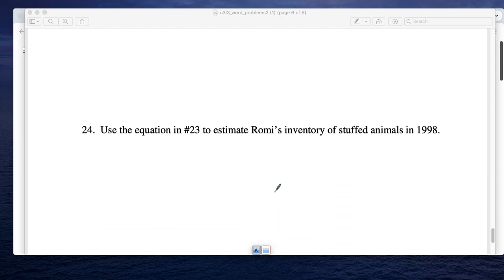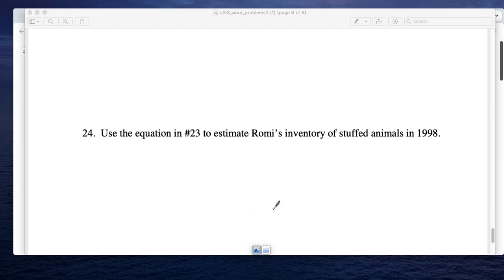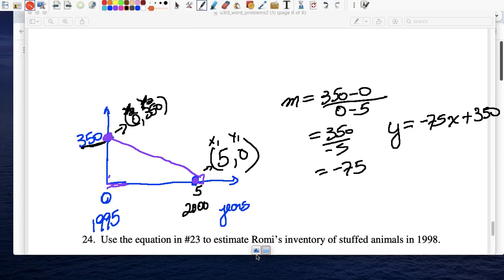And what's the second question? In 1998, how many stuffed animals did she have? So this is what we're looking for right now. 1995, 96, 97. So in 1998, which is 3 years after, how many stuffed animals did she have? That's the question.